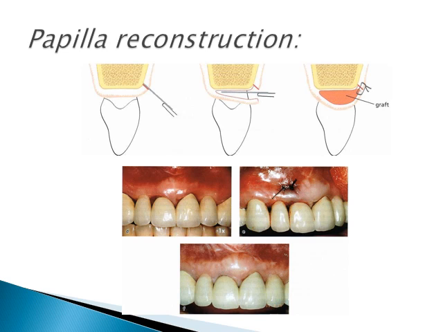This is papilla reconstruction using a soft tissue graft. As you see, an incision at the base of the interdental papilla, reflect the flap, put the graft and suture. Notice the black triangle between the teeth in the first figure, and after treatment no black triangle, and the aesthetics are corrected.